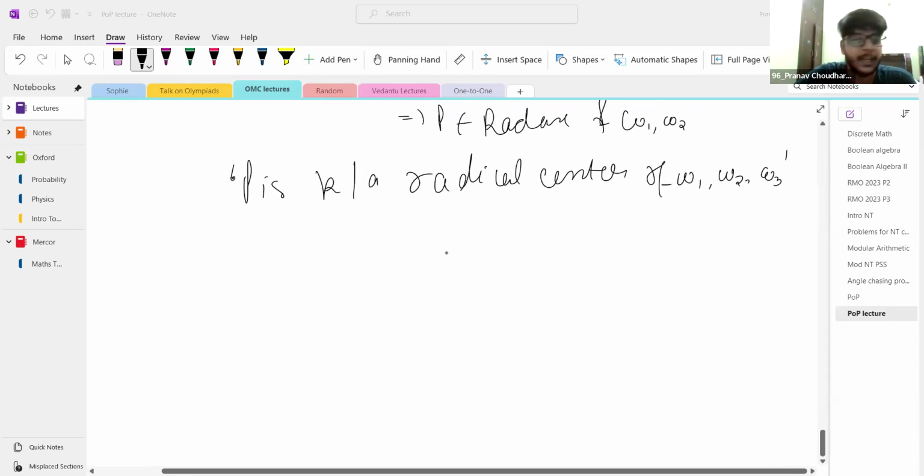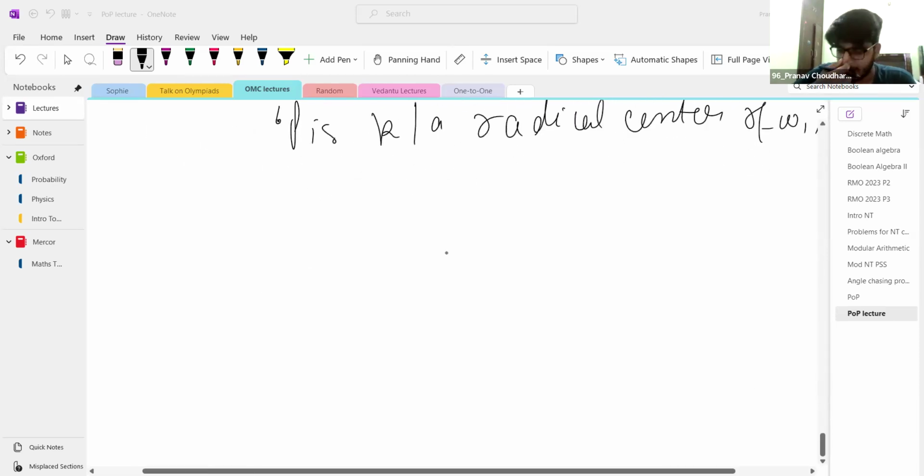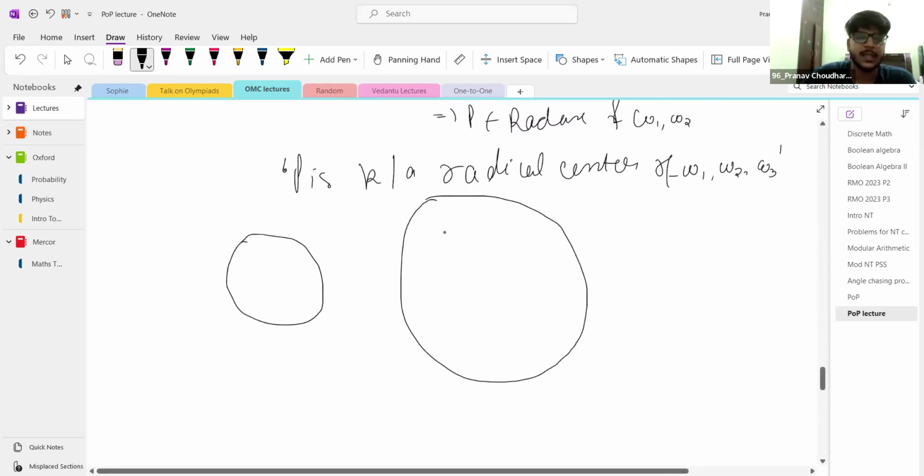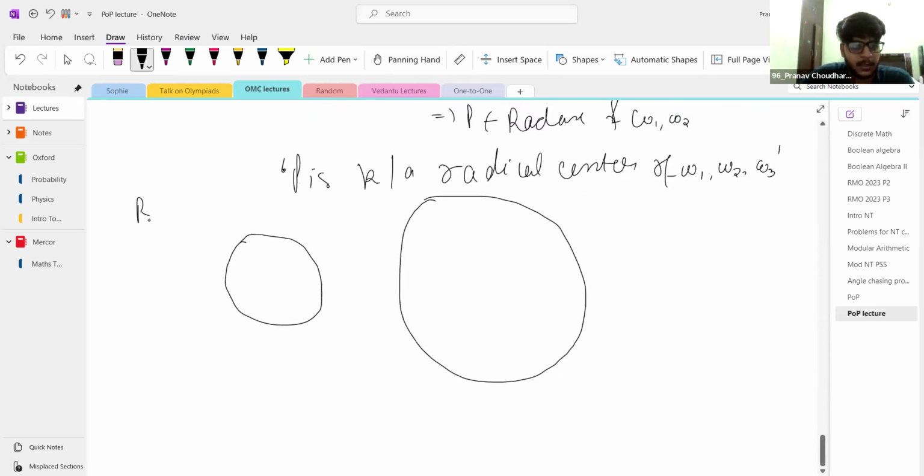Right. So what happens when two circles don't intersect each other? So what is the radical axis in this case? So I have centers O1, O2, right?